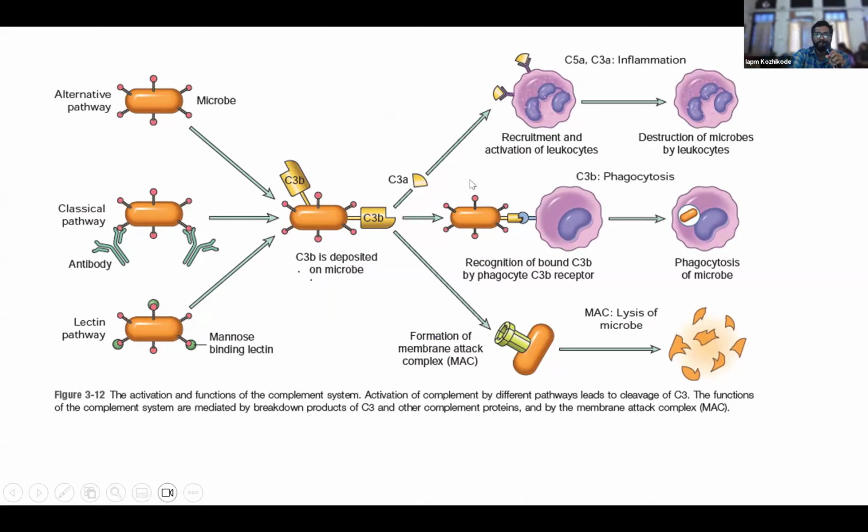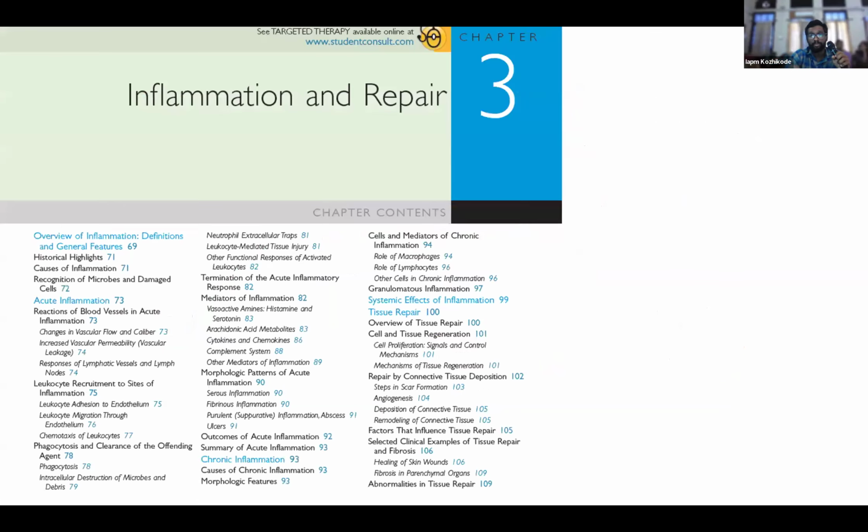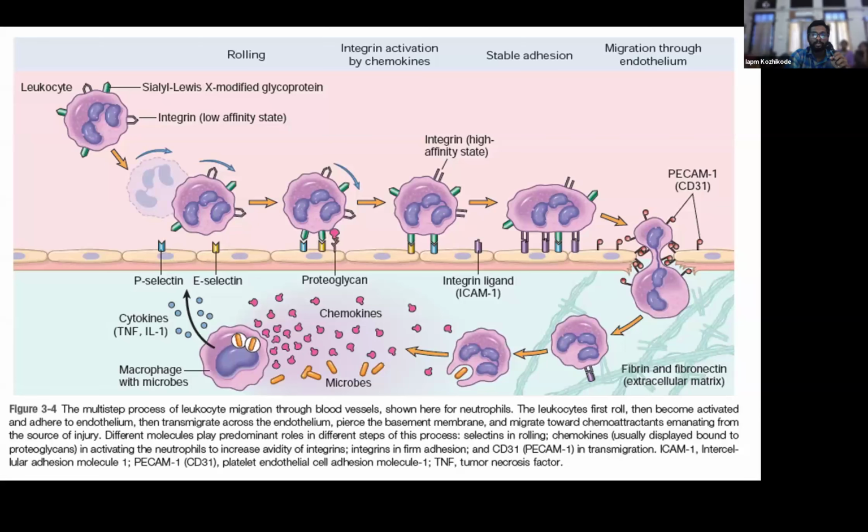These pathways result in the membrane attack complex, or they may produce C3a and C5a, which trigger the neutrophils, and everything will come up to that area. So if something is happening there, all your complement pathways are activated, and you know that the inflammatory cells are going to accumulate there.